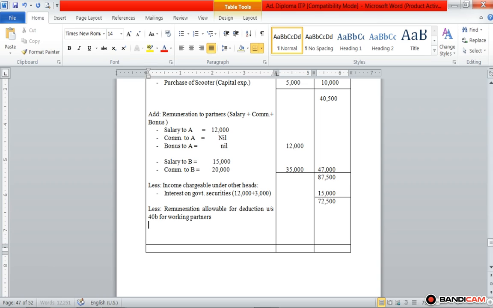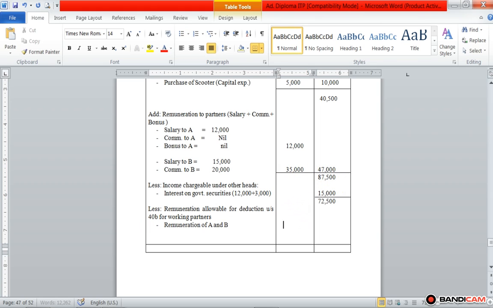So all three are working partners. So here salary to A and B, or remuneration of A and B. So total remuneration of A and B is equal to 47,000.